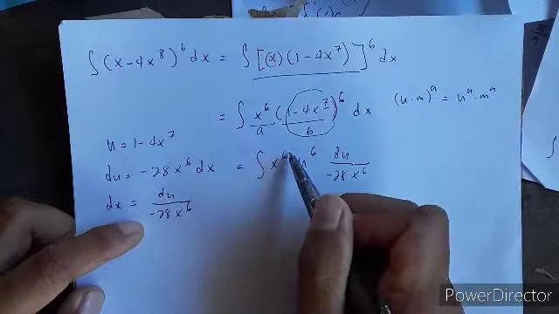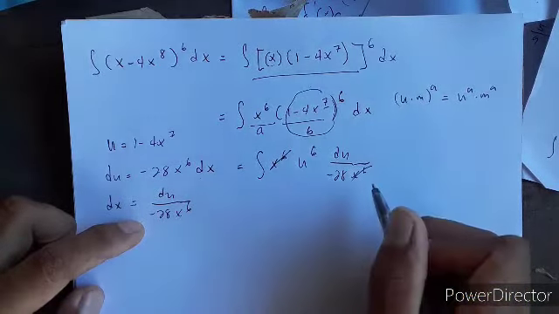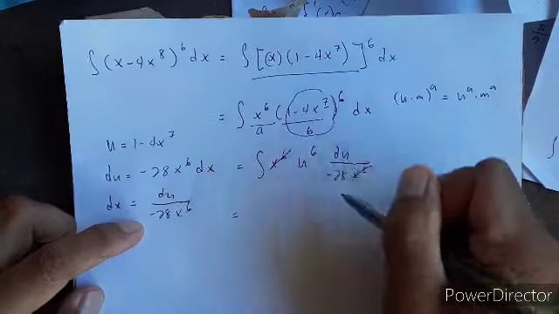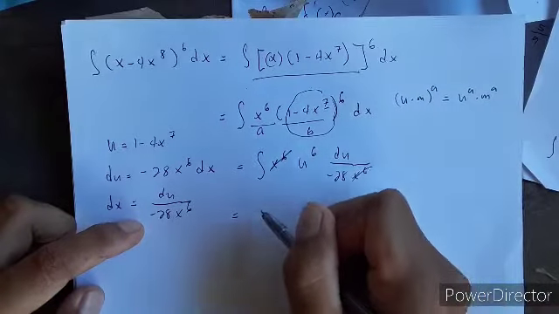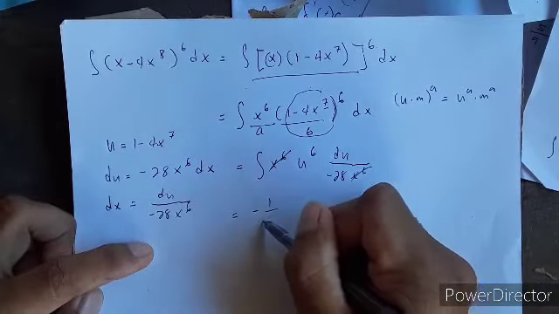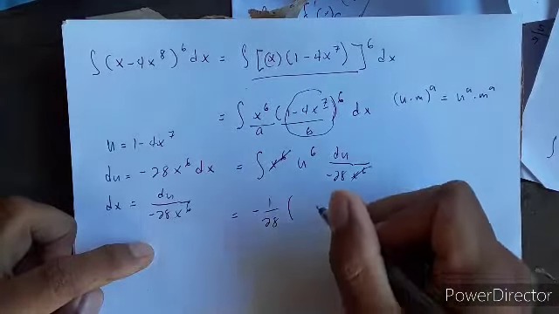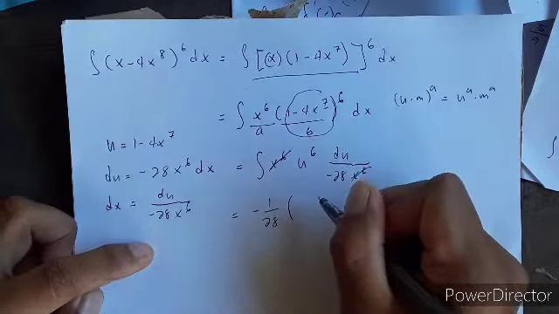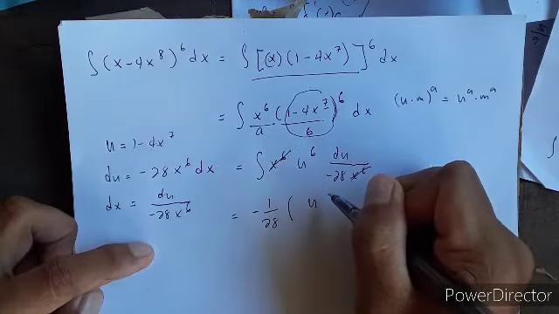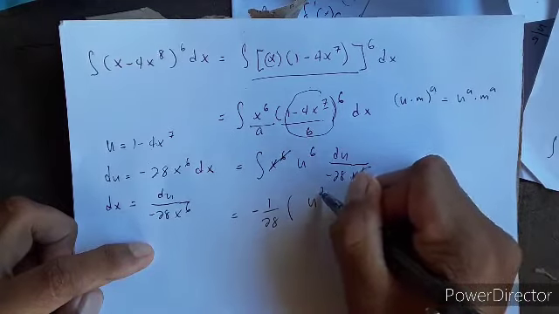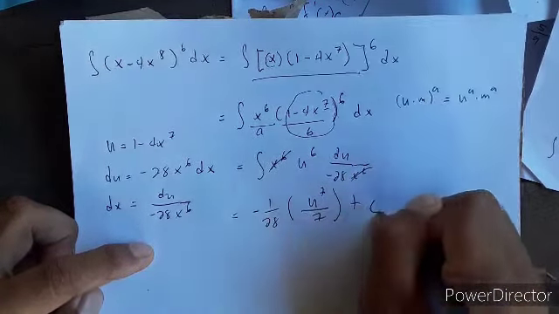From this we can cancel the x raised to 6, and what remains is a constant, negative 1 over 28, that we can isolate outside the integral. So it becomes negative 1 over 28 times u raised to 6. By the power formula of integration, n is equal to 6, so by adding 1 to the exponent, we have u raised to 7 over 7 plus an arbitrary constant.